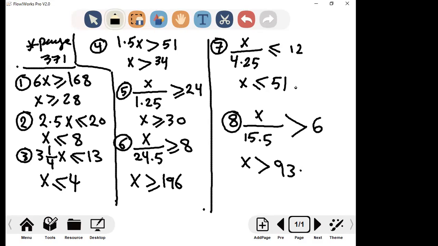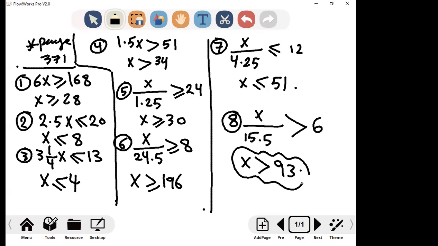So here, x, after you solve, you know how to solve, right? x more than what? What does this mean? She needs to have more than 93. I cannot say 94 only or 93.1.